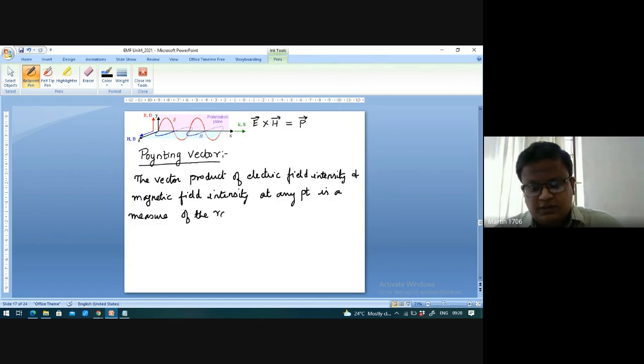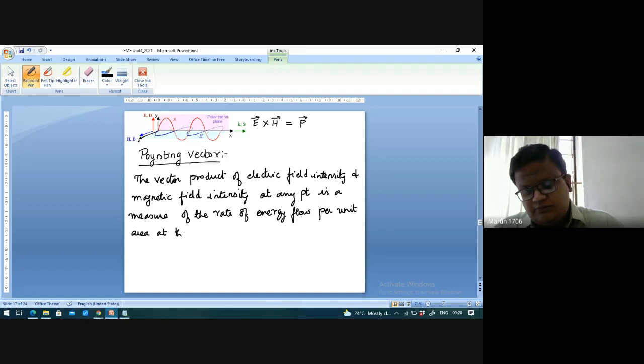the rate of energy flow per unit area at that point. So once again, I repeat the statement.